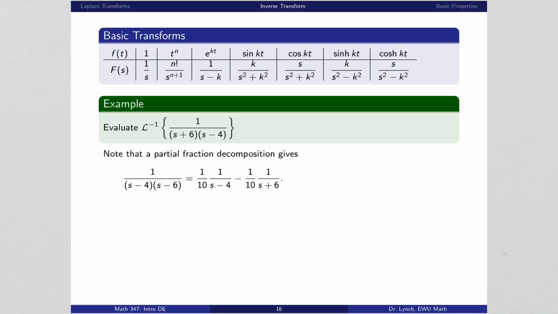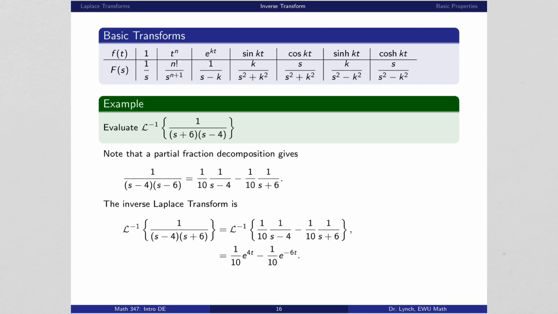So partial fraction decomposition gives us that 1 over s minus 4 times s plus 6 is 1/10 times 1 over s minus 4 minus 1/10 times 1 over s plus 6. And now, lo and behold, it looks like 2 transforms of exponentials that we have here.